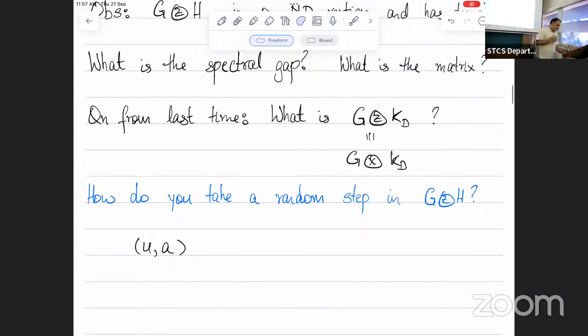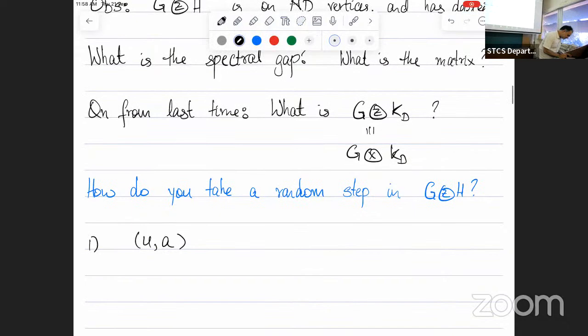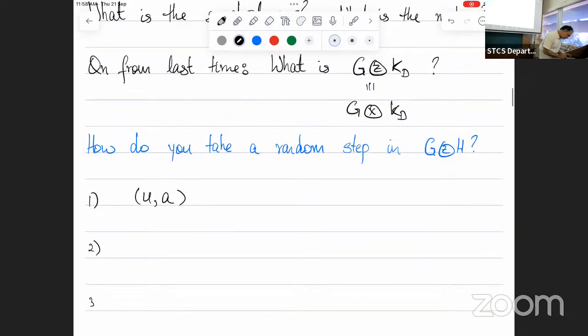If I were to start a random walk, that is, just take one random step in the zigzag product, how do I go about doing that? The way we have constructed it, it breaks up into three different steps, because every edge corresponded to a three-step walk, and we're going to write that down carefully. So what do we first do?